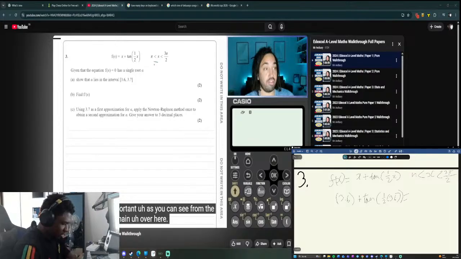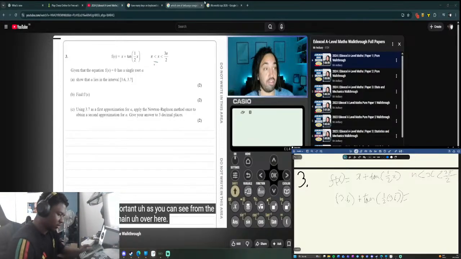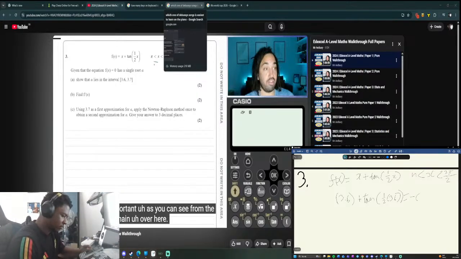I should. Gives us minus 0.6. And we're looking for a plus in the second one. So 3.7 plus tan half 3.7 equals 0.2, and one change of sign.